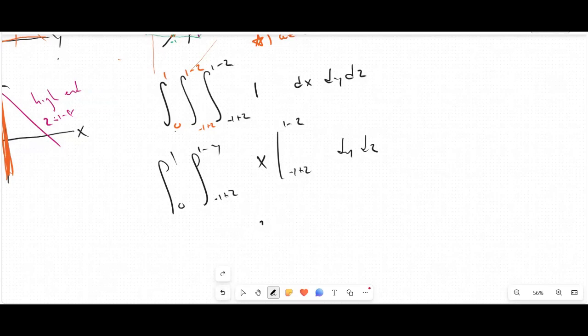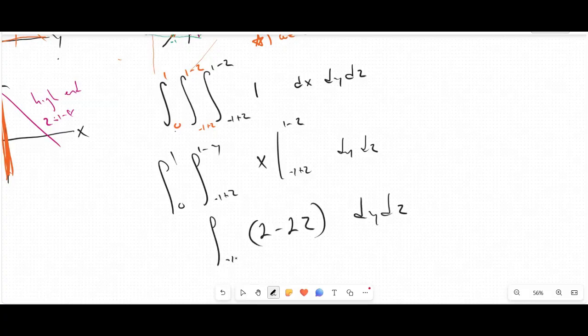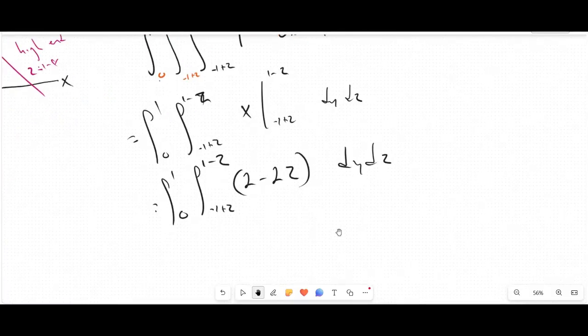Okay, that's two, minus z minus z, it's negative two z. Okay, it's two minus two z. That makes more sense. dy dz. That's supposed to be z, right? One minus z plus one minus z. Okay, now we integrate in y.